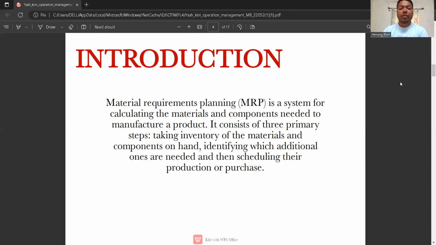For that, you need to know about the market, identifying what the needs in the market are. After that, you schedule the production. For scheduling the production or purchases, you know what the demand in the market was.